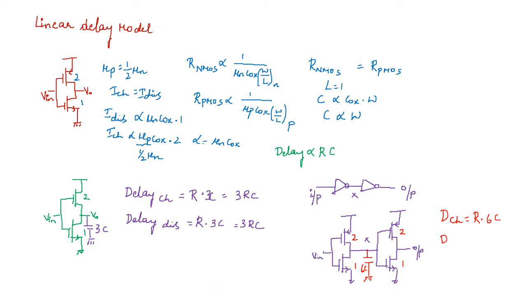Similarly, the delay due to discharging is also equal to 6RC. Now if I have to normalize this with respect to the delay of a unit inverter, then I divide both of these by 3RC, and then I can say the delay of an inverter that is cascaded to another inverter, that is the delay at this point, is equal to 2. That is, I am normalizing this delay with respect to a unit inverter, right? So the delay is 2.